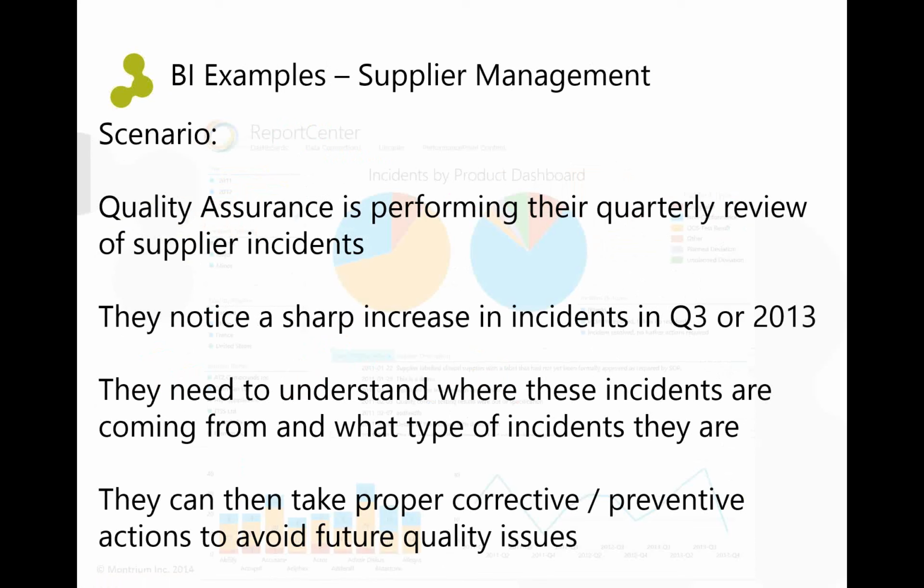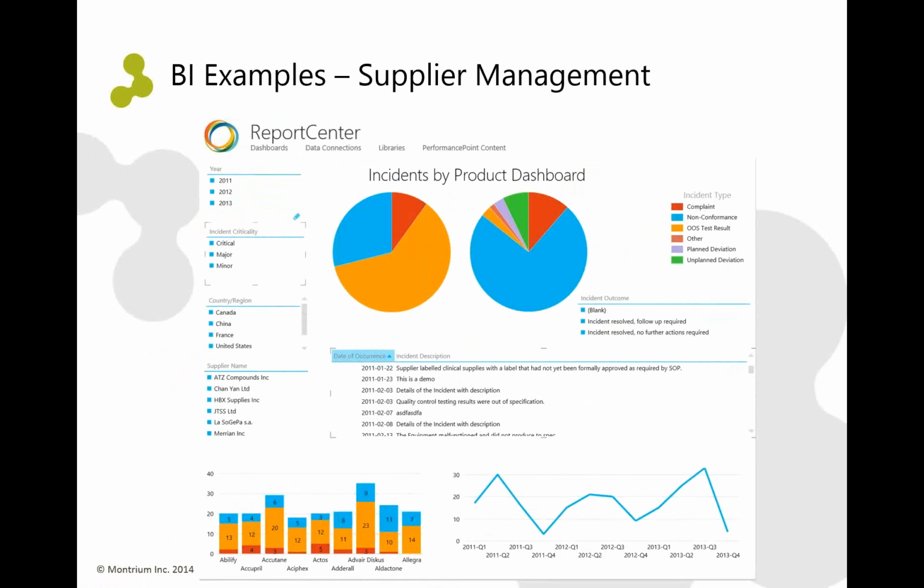They need to understand where these incidents are coming from and what type of incidents they are, so that they can then take proper corrective and preventive actions to avoid future quality issues. This is what they're aiming to do. And so to do that, we have a product dashboard which shows us all of our incidents. And so let's look at that dashboard now.